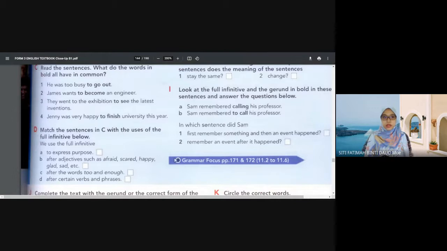Purpose is tujuan. Ayat mana yang menunjukkan tujuan? And then adjectives is kata sifat, perasaan, feelings.